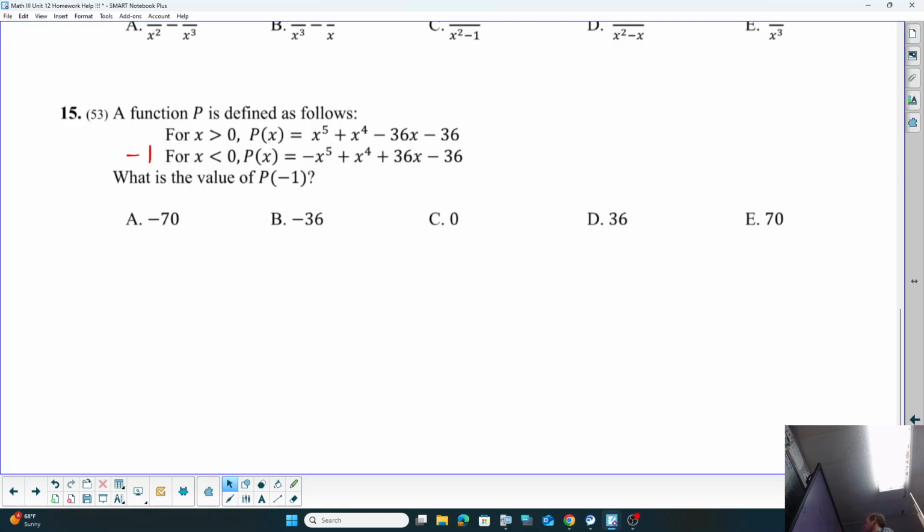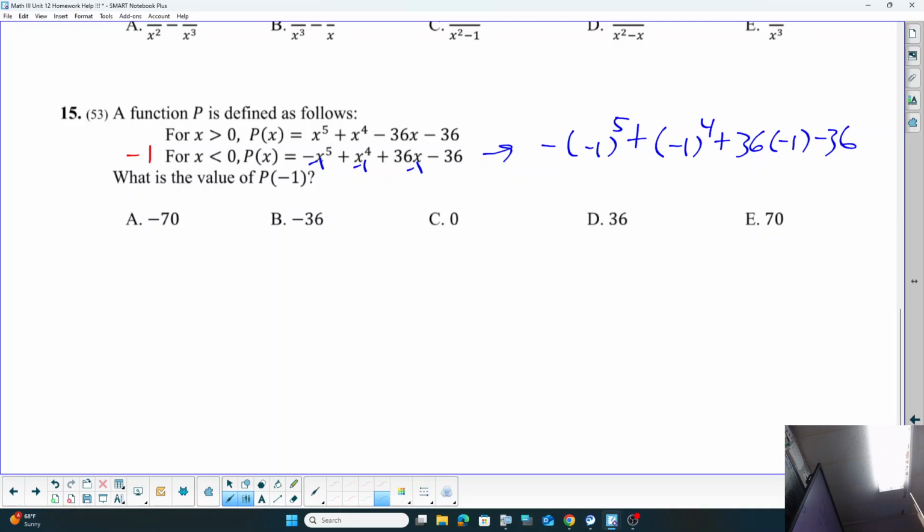So then we go to our equation, and we're going to plug in a -1 everywhere that we see an x. So plug in -1 there, there, and there. So now we do that equation: negative 1 to the 5th power plus -1 to the 4th power plus 36 times -1 minus 36. Okay, let's see what the answer is.